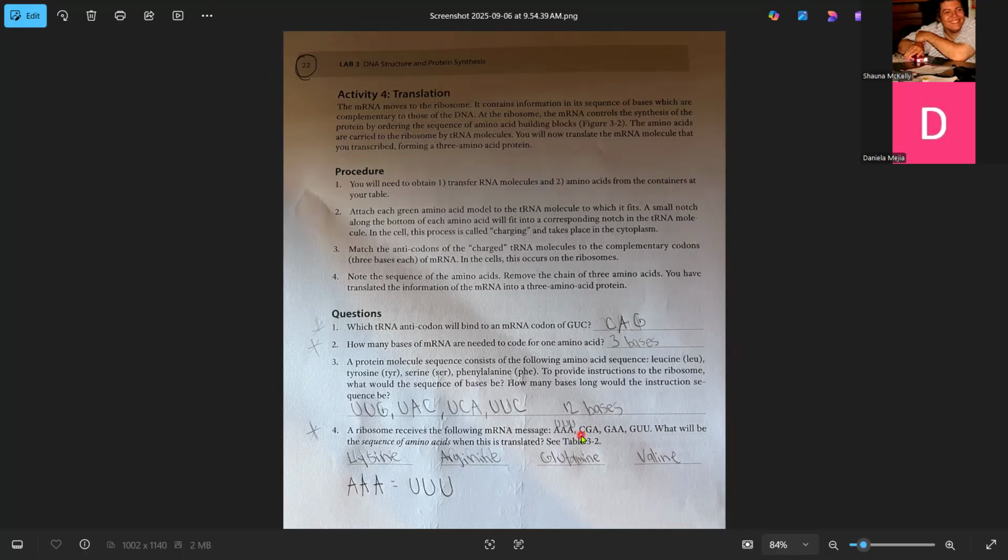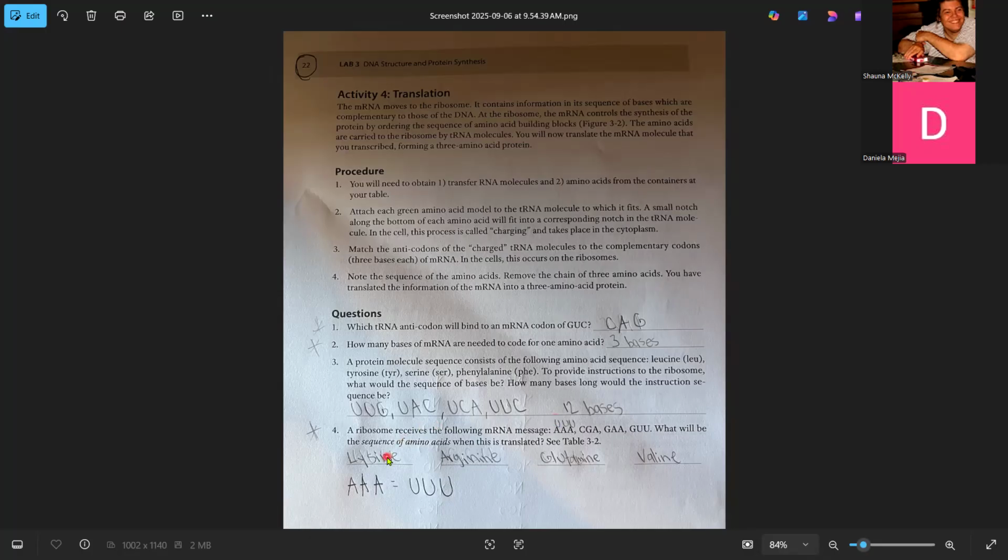CGA would be the base complement of C, which would be G. So this would be GCU. They wanted you to write the sequence of amino acids.